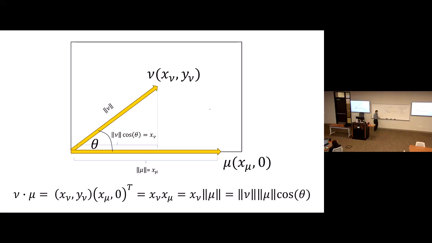So putting them together, we have the general formula: u·v, and v·u doesn't matter, equals the magnitude of u times the magnitude of v times cosine theta.